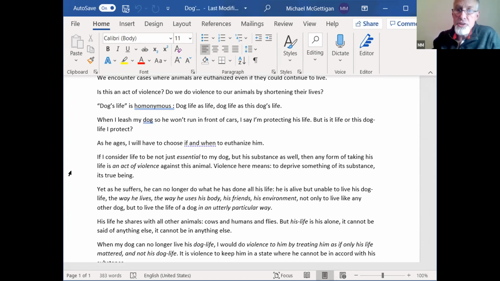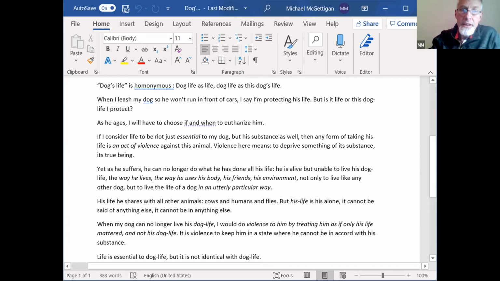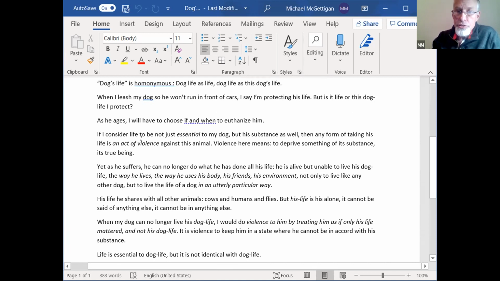Violence here means to deprive something of its substance, its true being. Yet as he suffers, he can no longer do what he has done all his life. He is alive, but unable to live his dog life. The way he lives, the way he uses his body, the way he interacts with his friends and environment, not only to live like any other dog, but to live the life of a dog in an utterly particular way.